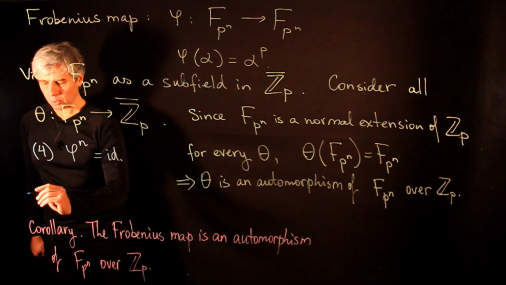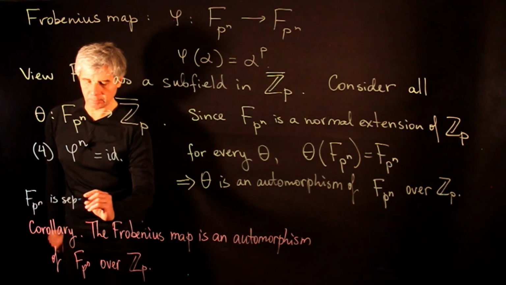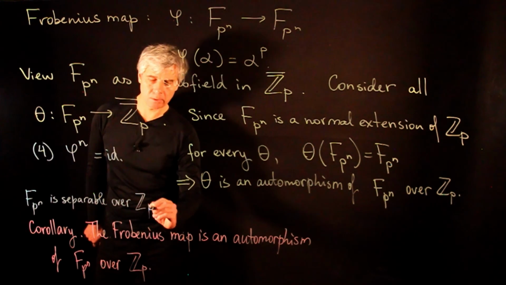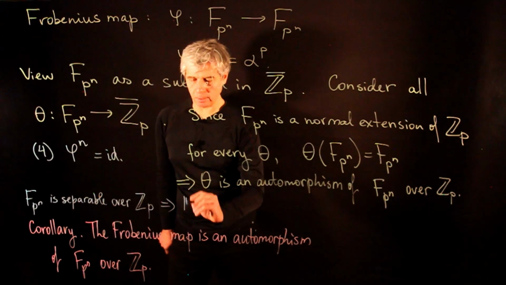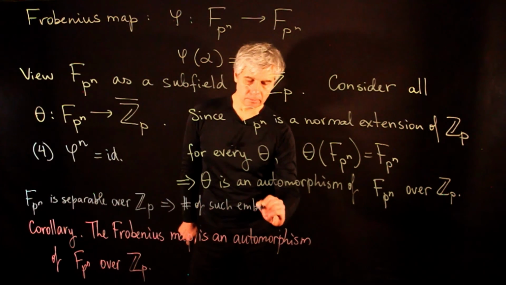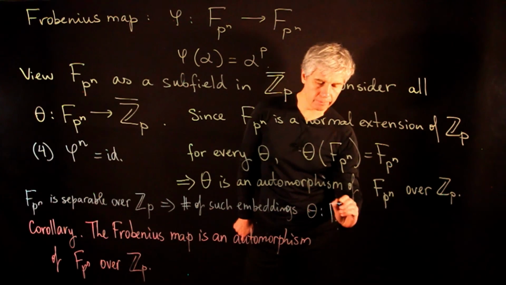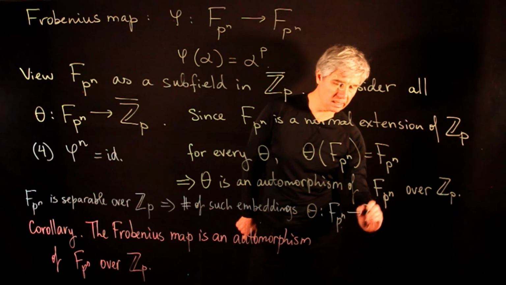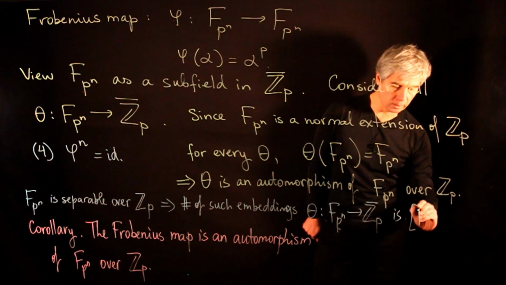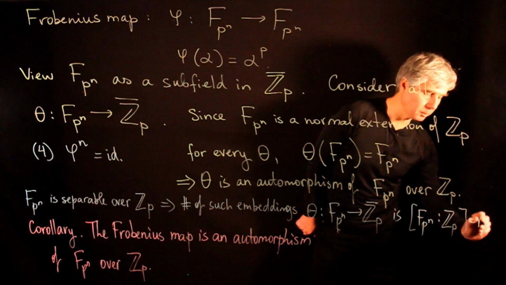But we also saw that F p to the n is separable over Zp. So this tells us that the number of such embeddings theta of F p to the n into Zp bar is equal to the degree of the extension F p to the n over Zp, and this is equal to n.